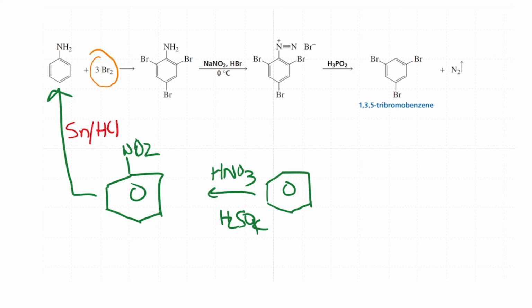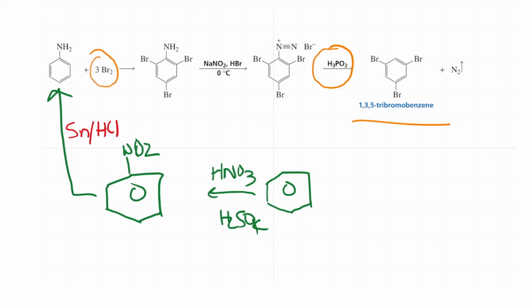And now if you're able to diazotize and produce the diazonium salt, which can then be reacted with H3PO2, the product that you would get is 1,3,5-tribromobenzene, and of course the byproduct is nitrogen. Now how do we convert benzene to aniline? The way we would do this is to do a nitration on benzene to get nitrobenzene, and then do a very simple reduction, a tin HCl reduction, to get aniline.